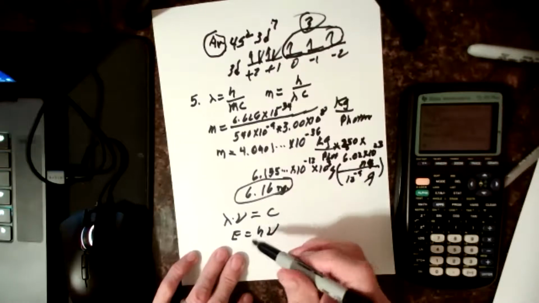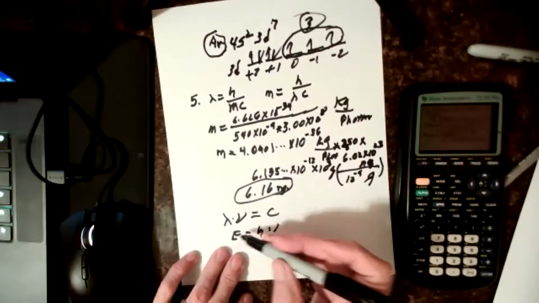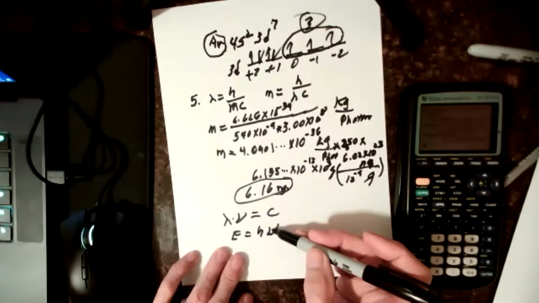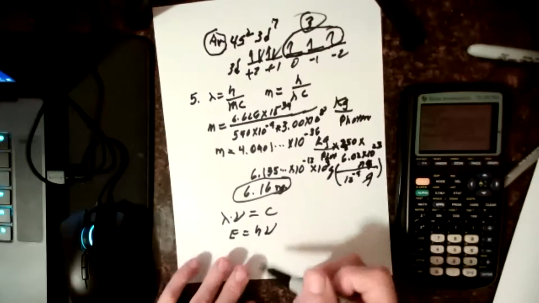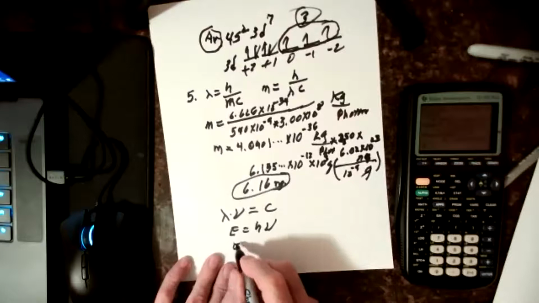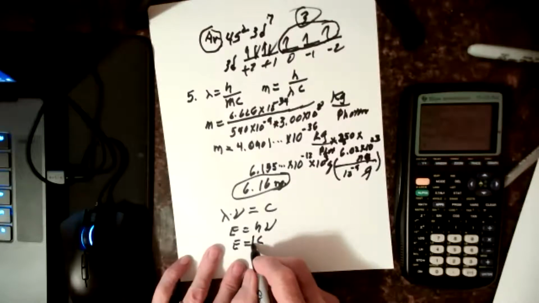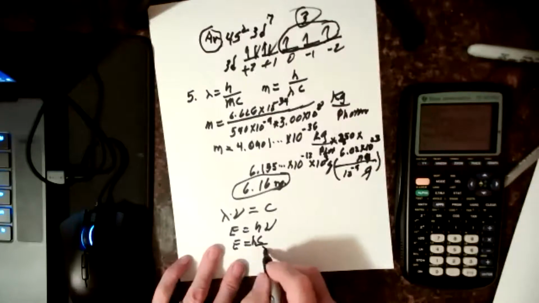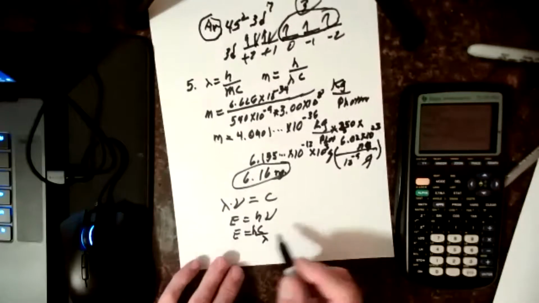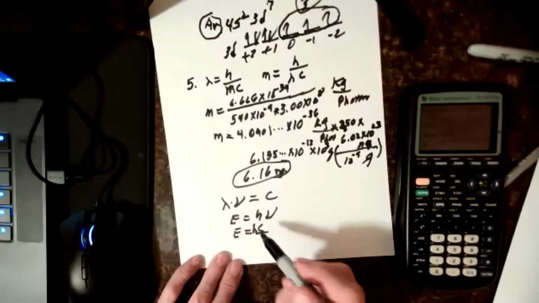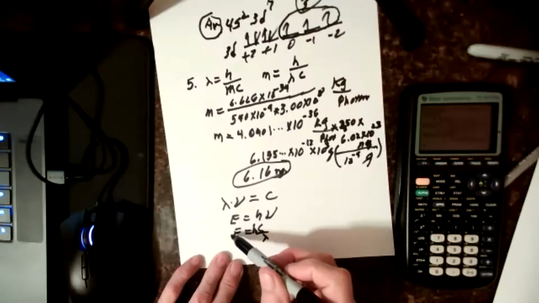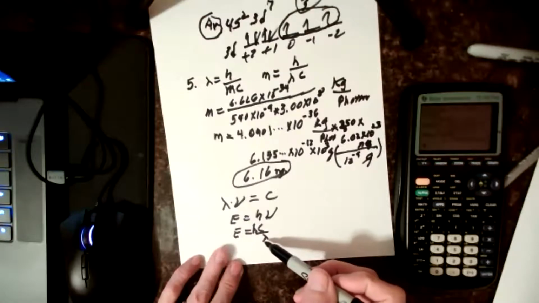That's if you're determining the energy of a certain frequency of light. The energy can also be expressed as we did up there, hc divided by lambda. And that again is converting between energy and wavelength.